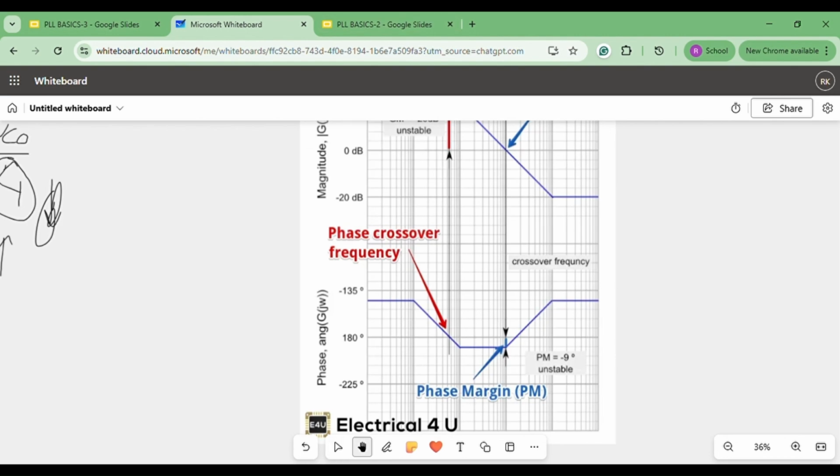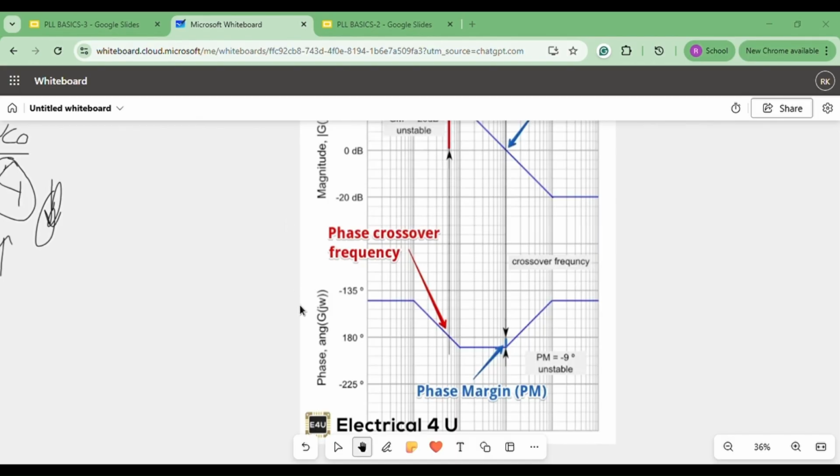So we'll go again to this. One thing we can do is take this and calculate the phase margin. Okay, I have already done something. We are calculating the phase margin.